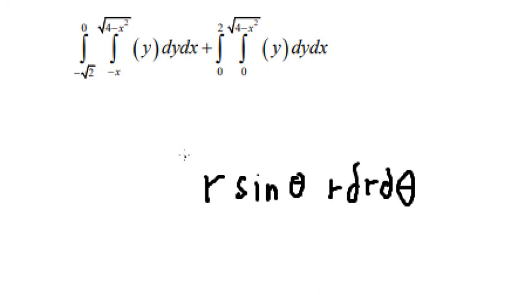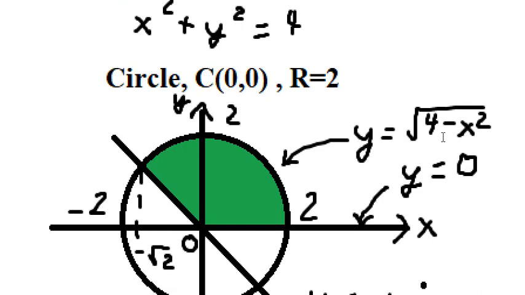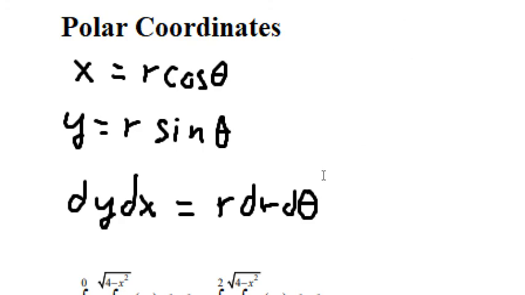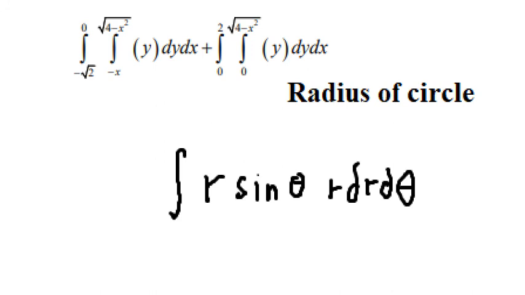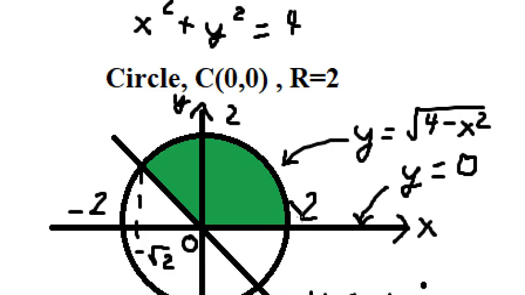Now the first one, that is about dr that is about the radius of circle. So we know that the radius is about number 2, so the integration should be about from 0 to number 2. About d theta, we know that we start in here and we stop in here.